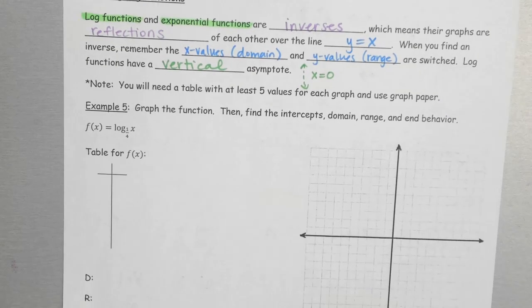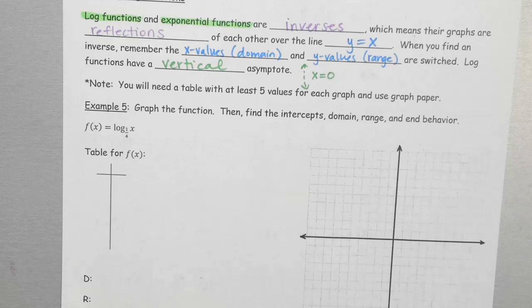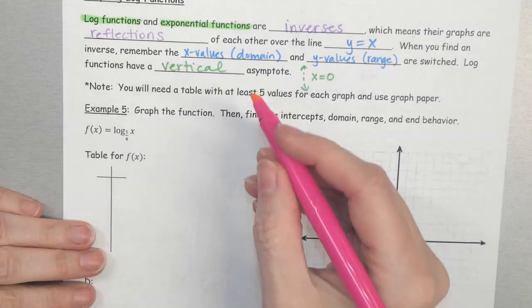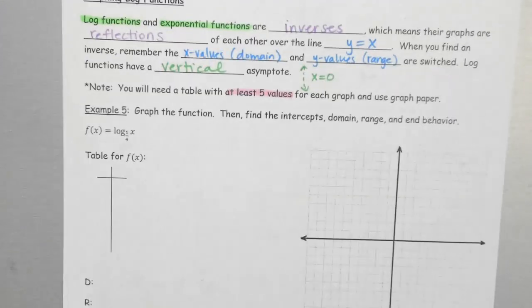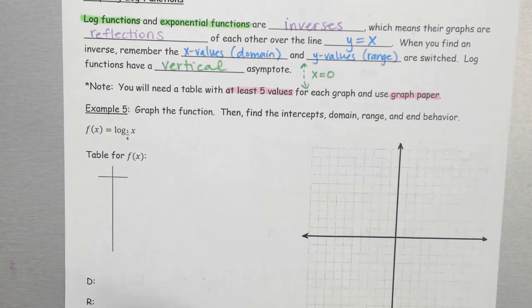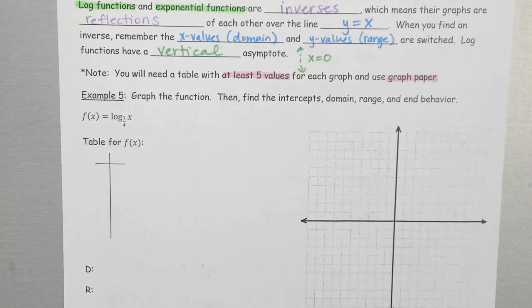And then when you're graphing, you just need a table with at least 5 values. You can put more on there. I'm going to show you how to pick out some good values in your table. And then we're also going to be using graph paper for those. So we're going to graph the function, find the intercepts, domain, range, and end behavior.